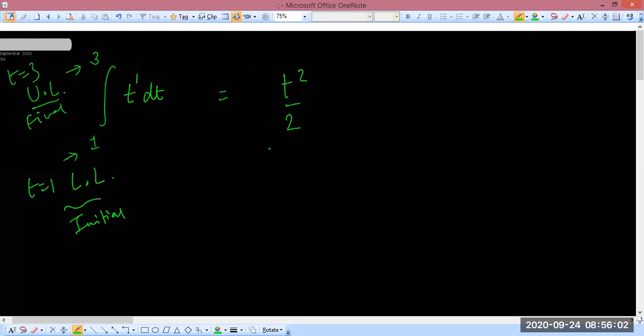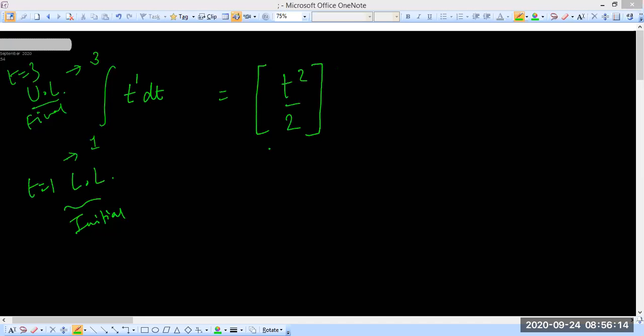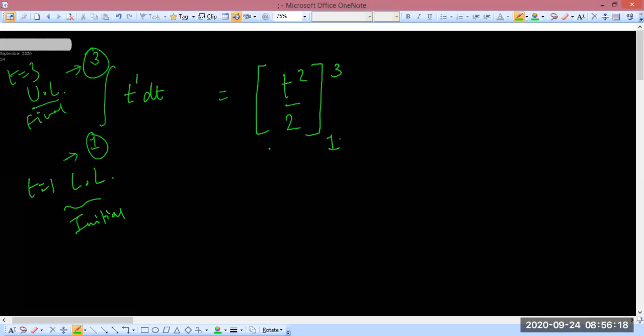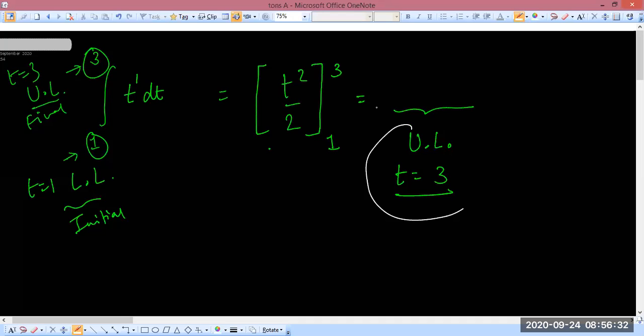Now, like I said, compulsorily put square brackets. Then you write 1 and 3. Why 1 and 3? Lower limit and upper limit. So now what to do? First of all, you put the upper limit value. So instead of t you write 3. You don't have to write the circle that I'm drawing; you just write it as you would write a mathematical equation.